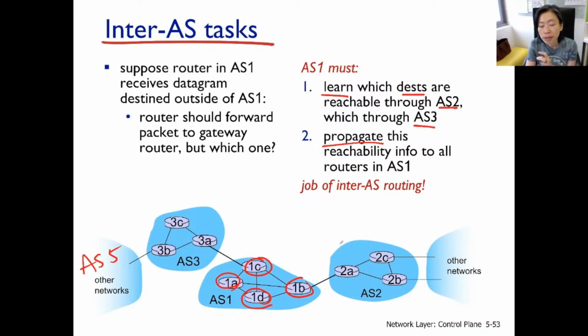So 1C and 1B, inter-AS routing will then propagate this AS path information to all routers inside AS1. And so propagation of the AS path, just like computation of the inter-AS path, would also be part of the job of the inter-AS router.